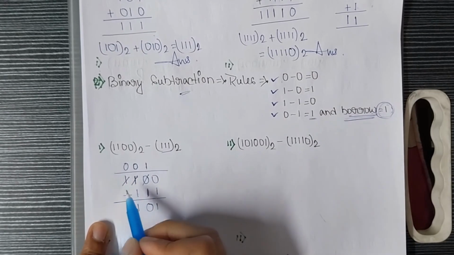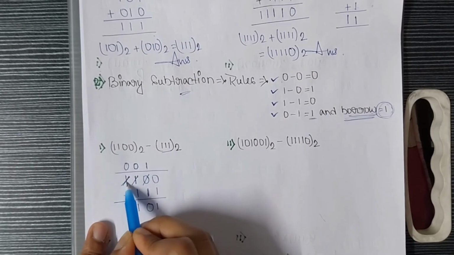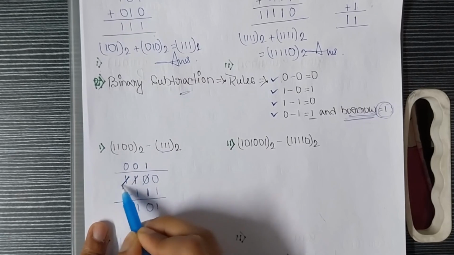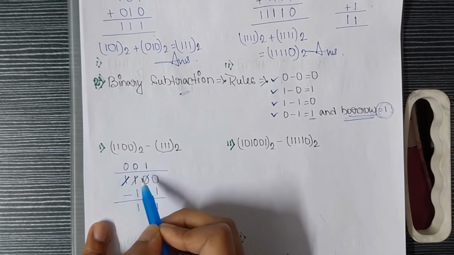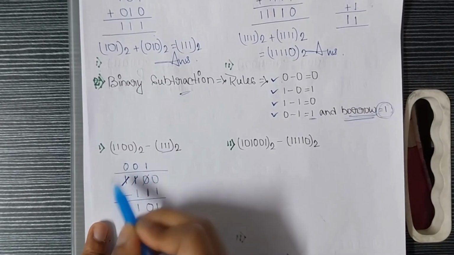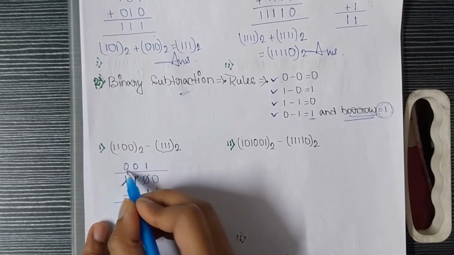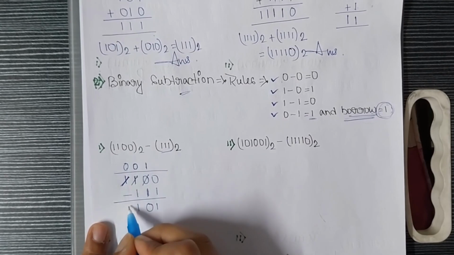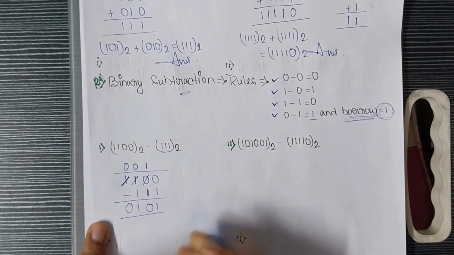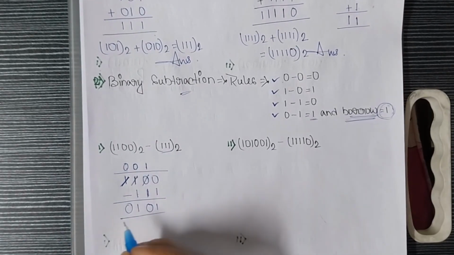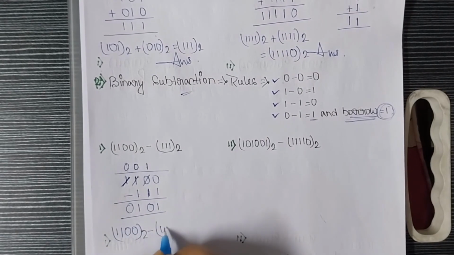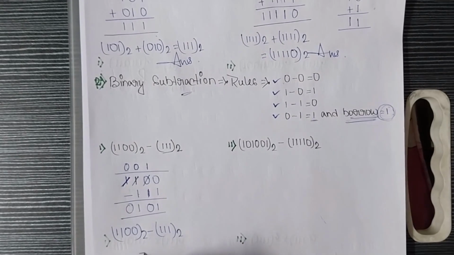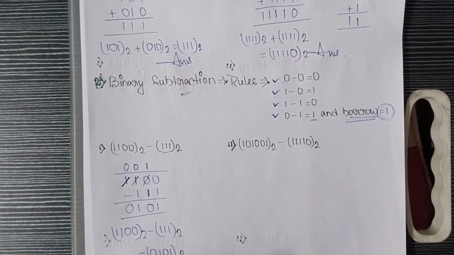We don't have to continue, because in the next column we get a 1 and we already cut a 1 and wrote a 0, so here we can stop the cutting of the numbers. So 0 minus nothing will be 0. This is my final answer, and we can write 1100 minus 111 is equal to 0101.